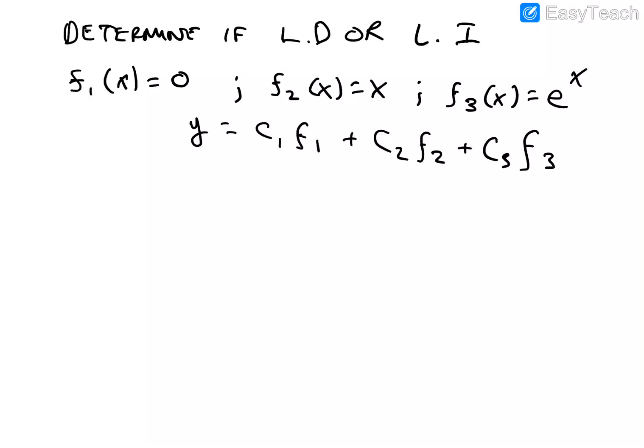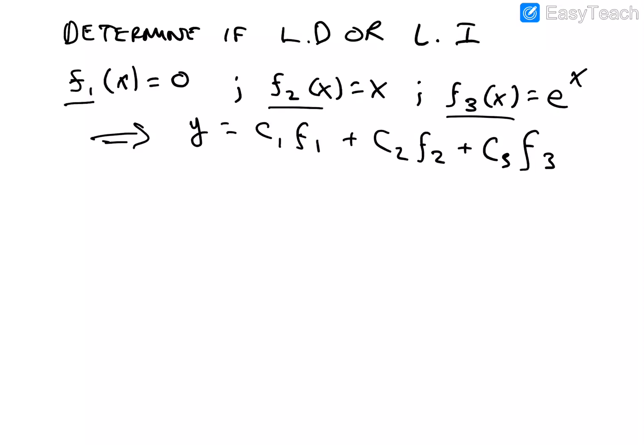It asks us to determine if these functions are linearly dependent or linearly independent. So you have three functions this time: f1 of x, f2 of x, and f3 of x.